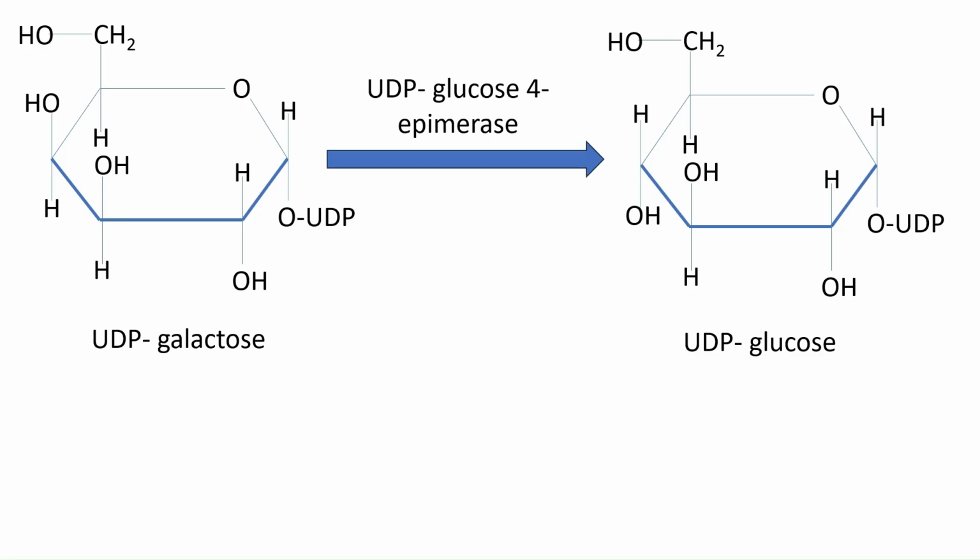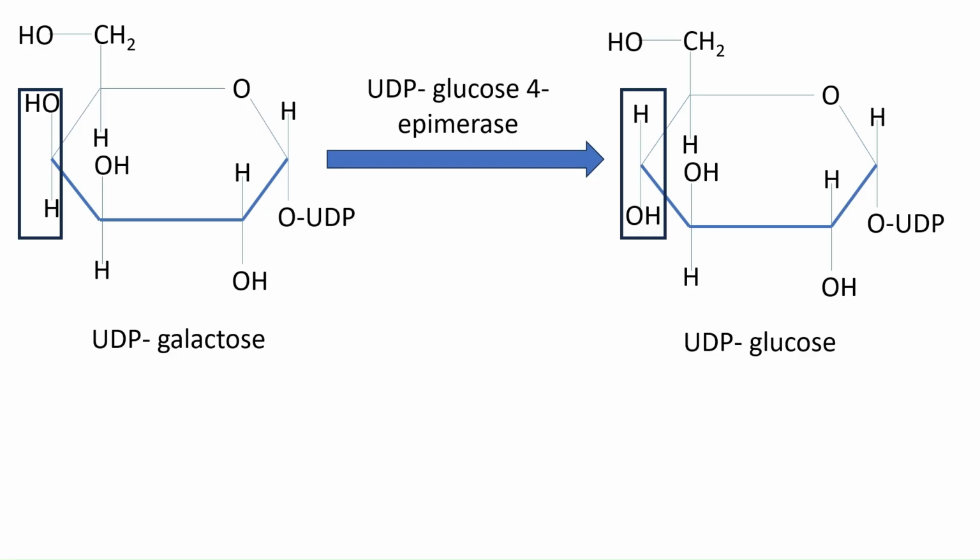So the enzyme UDP glucose 4 epimerase converts UDP galactose to UDP glucose, and this UDP glucose can be again used in the second reaction. So this is where the epimerization takes place.